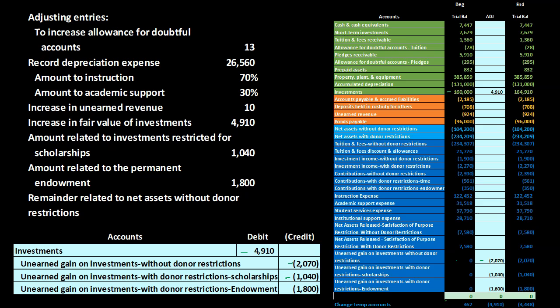The unearned gain on investment that is restricted with regards to scholarship increasing by 1,040 to 1,040, and the unearned gain on investment that is increasing with regards to the endowment increasing in the credit direction to 1,800. We could see the effect on what would be the change in the temporary accounts down below.